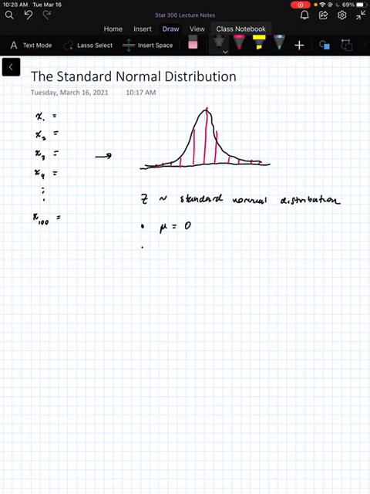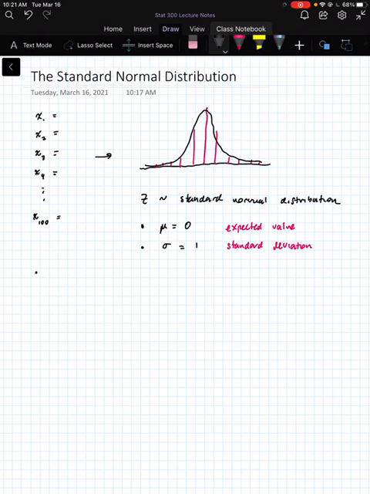So first, its mean is 0. Its standard deviation is 1. So remember, we're talking actually about expected value, and the standard deviation comes from expected value. This is the probabilistic interpretation of mean and standard deviation, but we'll use those words interchangeably from now on.